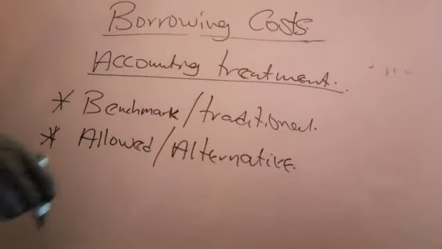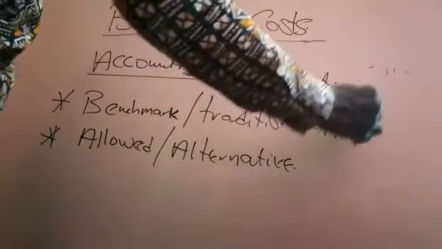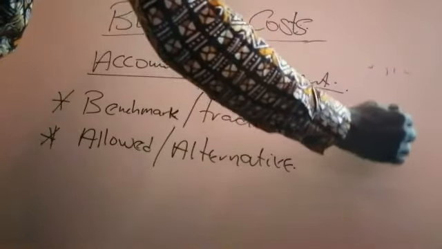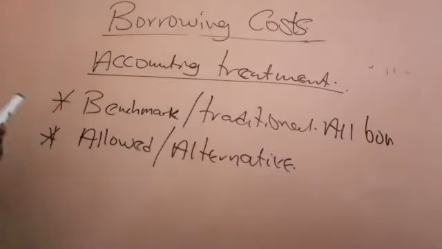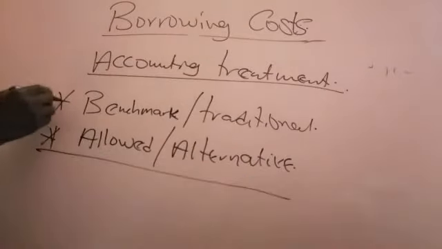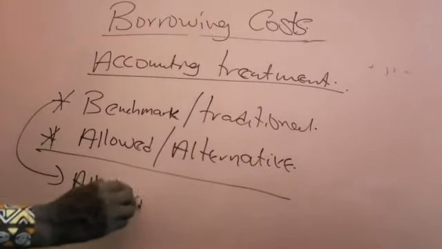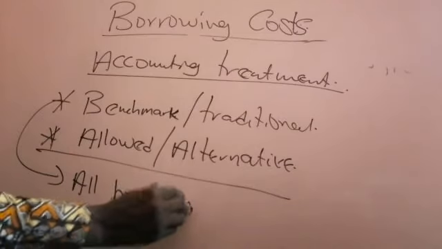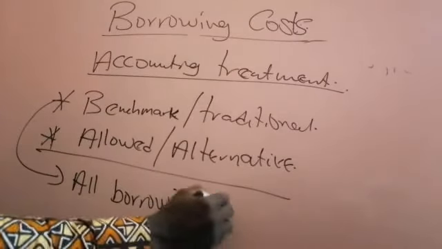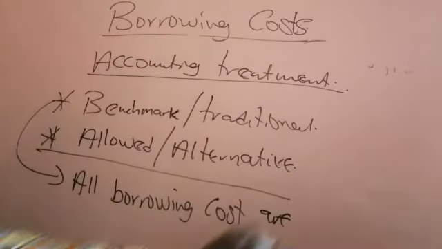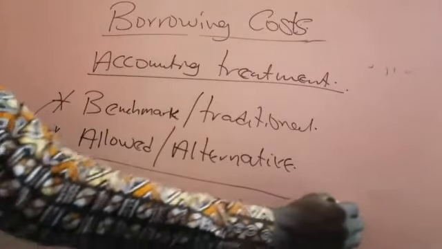So here, the treatment is that all borrowing costs are expensed. Let me put it down here so you can see it clearly. We're talking about the traditional treatment or benchmark treatment. All borrowing costs are what? Expensed in the P&L.